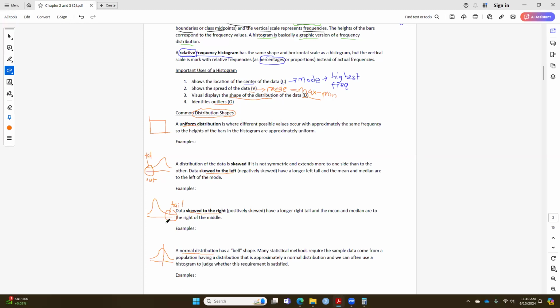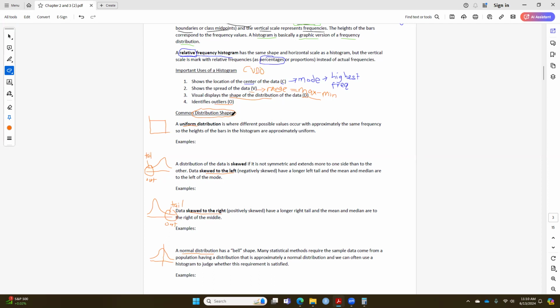Okay, those outliers are the ones that push the tail to the left or push it to the right. So that's the reason you got the tail. So the tail part in this case usually is where the outlier exists. You will learn how to find outliers next week, in section 3.3. So this is how we interpret this histogram using CBDO.